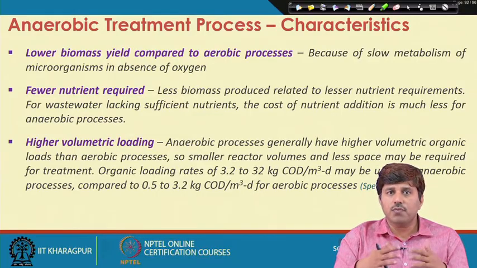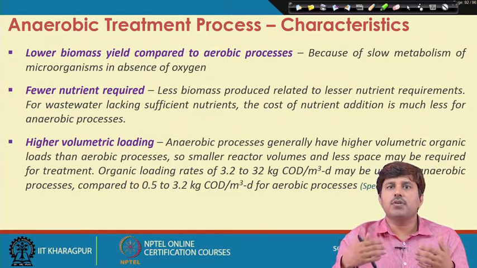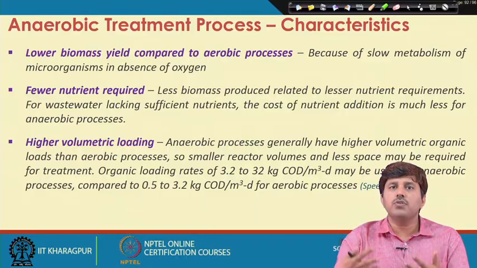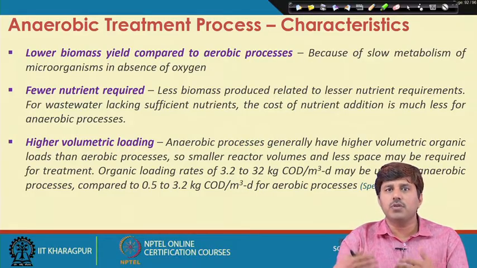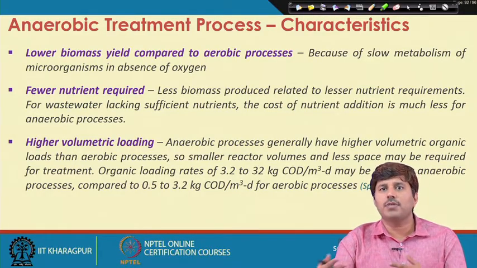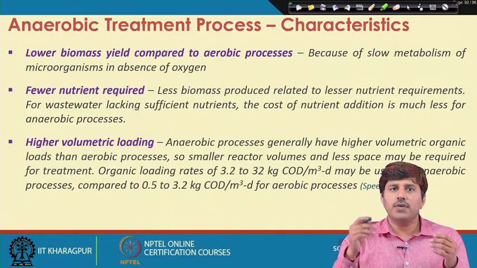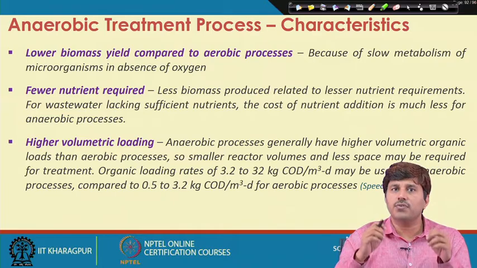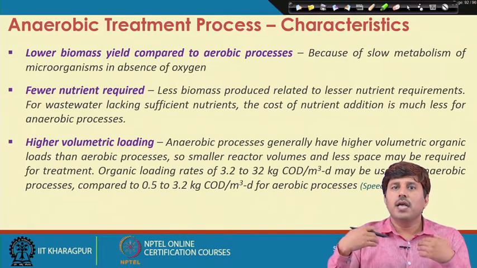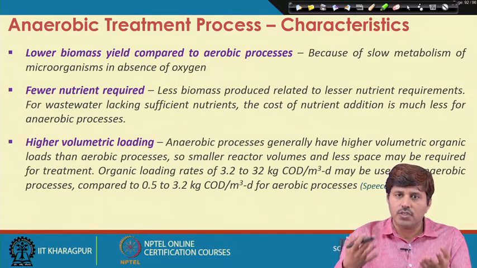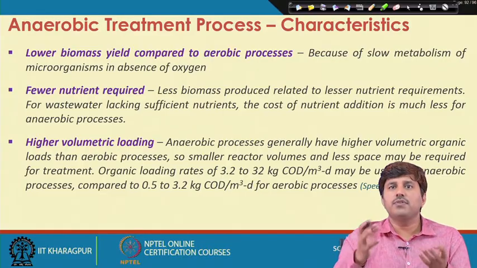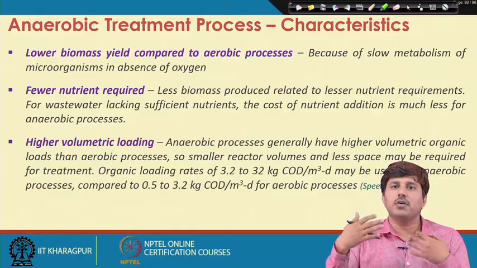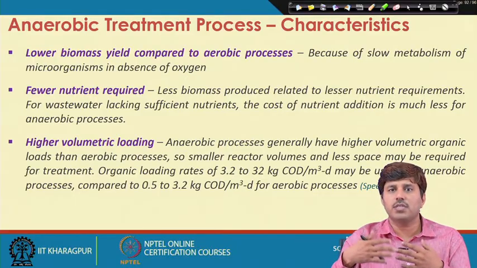Then, fewer nutrient requirements. As we were discussing, because the biomass produced is less, obviously there will be a lesser requirement of nutrients. So, for wastewater where there is not a sufficient amount of nutrient present and extra nutrient is to be added, the cost of nutrient addition is much less for the anaerobic process as opposed to the aerobic process, because the requirement of nutrient in an aerobic system is far higher.